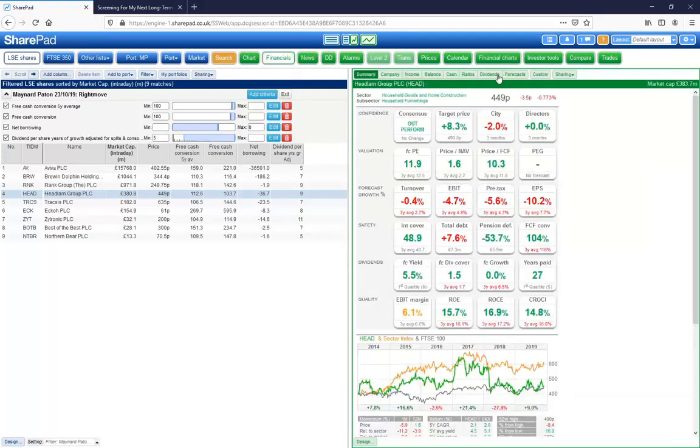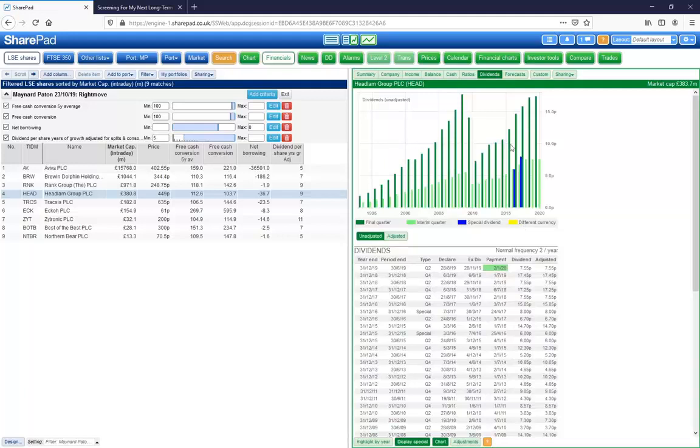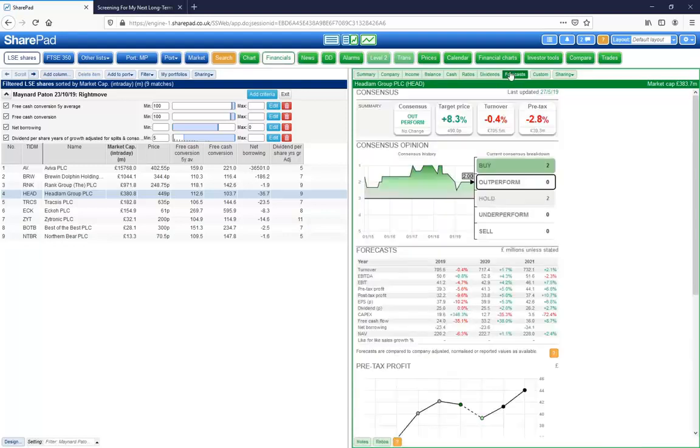Let's have a look at financials. This is good. These blue bars represent special dividends. So the company's paid out 2 special dividends recently. Always a good sign to see management handing back surplus cash to shareholders. Let's have a look at the forecasts, which is here.